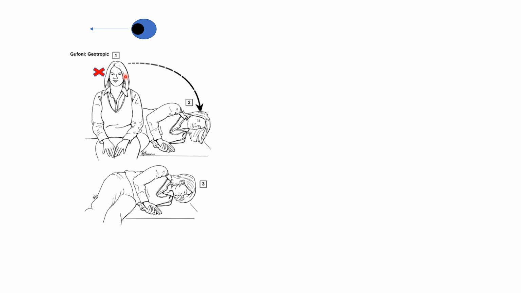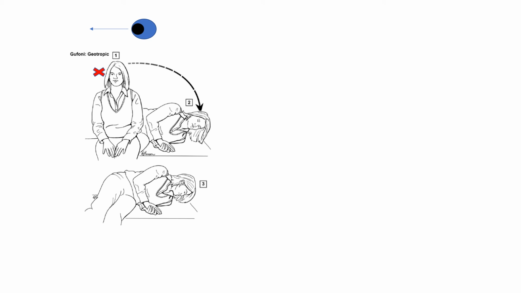They might have had a small geotropic nystagmus to the left when you moved their head to the left, but the strongest was towards the sick ear, as the rule of thumb is. So the strongest geotropic nystagmus is where the sick ear is, or where you assume the sick ear is. And with this patient, this would be this ear.